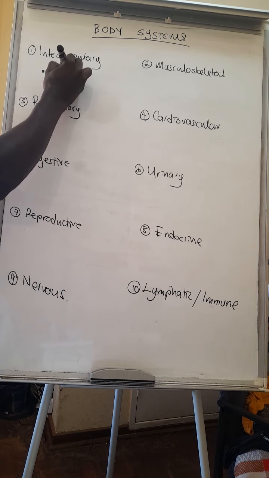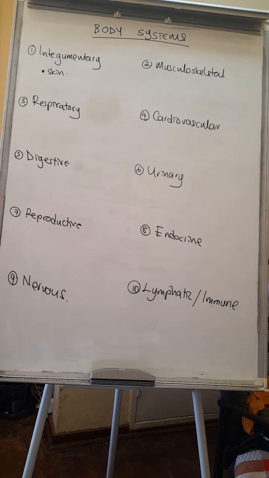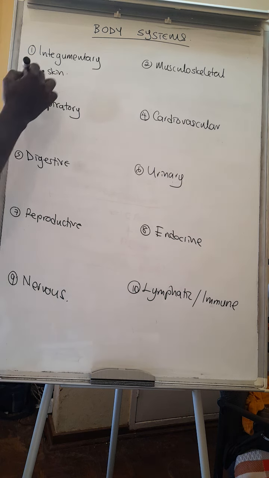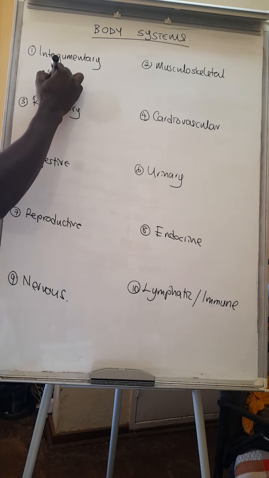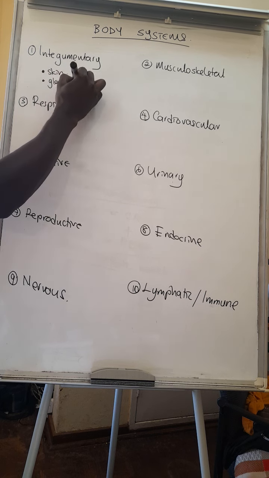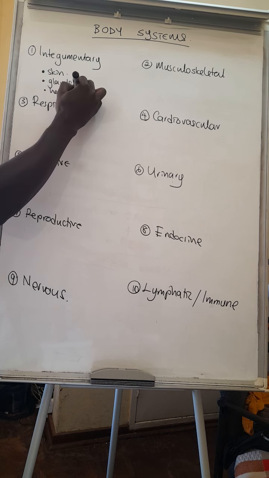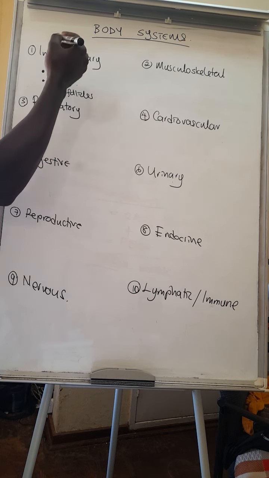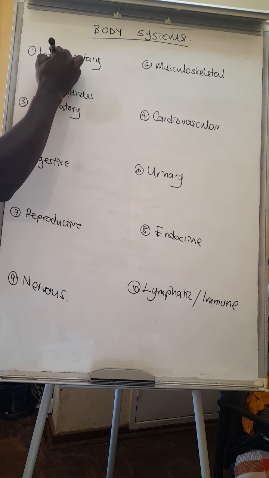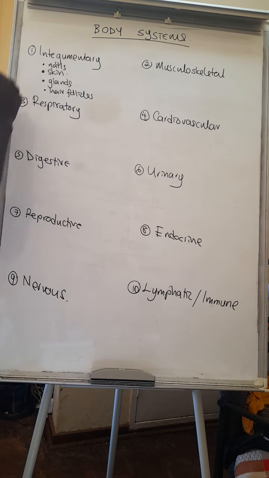There you have the skin, which is regarded as the largest organ in the body. You have the skin and the accessory structures of the skin. We're talking about the skin and its glands, the hair follicles, and also the nails.